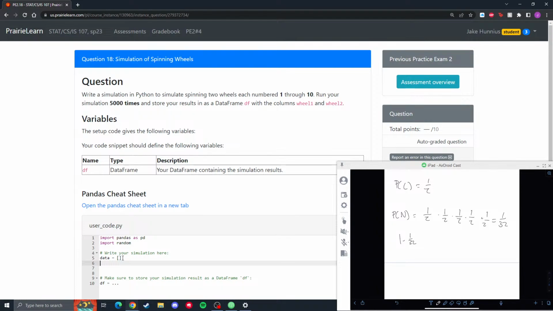We're going to go ahead and do our simulation 5,000 times. So it's going to be a for loop. So we're going to do each round 5,000 times.